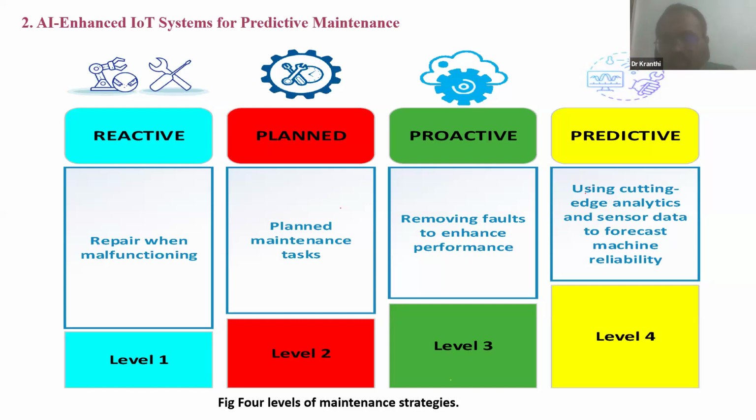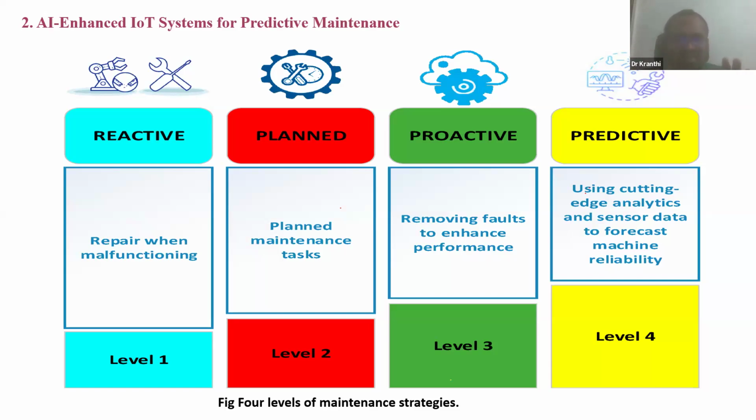For this, we need a combination of AI and sensor data to predict failures before they happen, based on previously trained data. Imagine a machine telling us, I will fail in 2 weeks if you don't service me. That's predictive maintenance. It enables organizations to minimize downtime, cut cost, and maximize reliability.